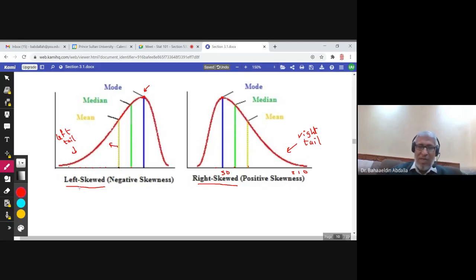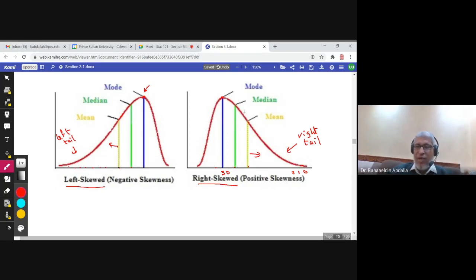So the mean in the left skewed distribution would be to the left of the median because it goes to the direction of the skewness, and the mean in the right skewed data would be to the right of the median because it goes to the direction of the extreme values. While the median keeps its position, it's always a value in the center.